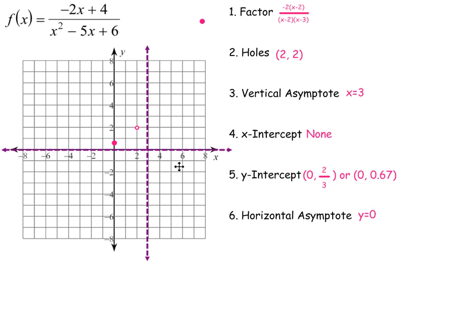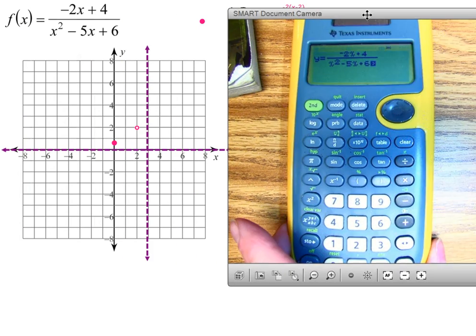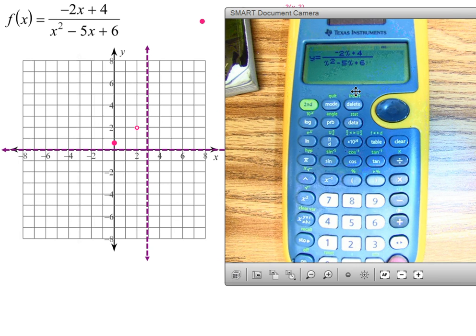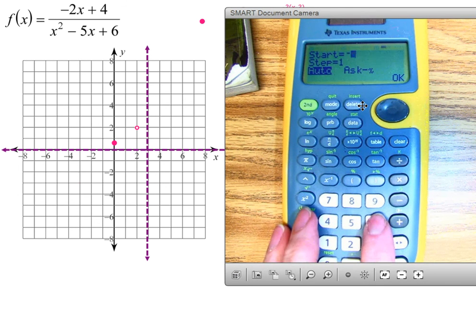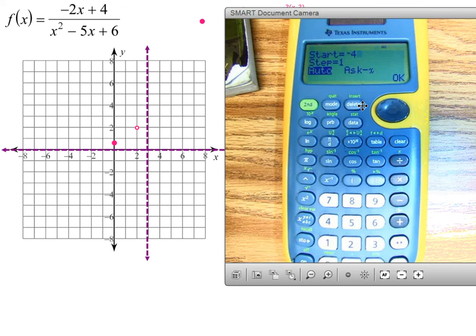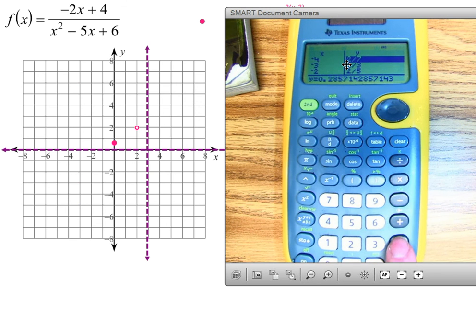Now I'm going to get out my calculator again, type in the information, and pull up my table. I'm going to start at maybe -4. At -4, I'm at about a quarter, sitting almost on my dashed line.